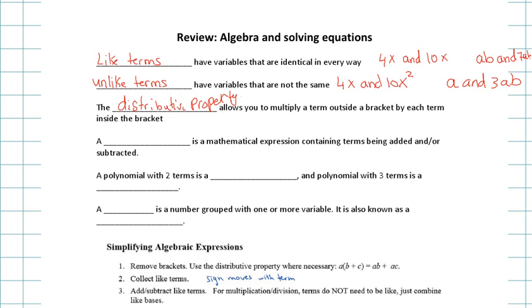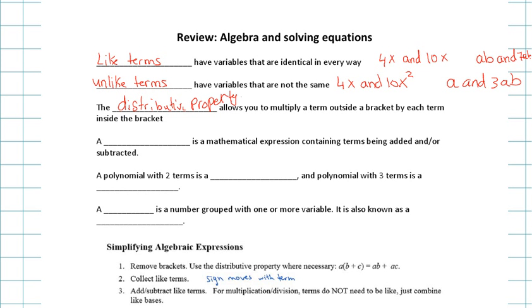Because 3 times 2 is 6, and then 3 times 1 is 3. We're going to be doing that distributive property a lot, using it a lot of times, and you have to be aware of it.